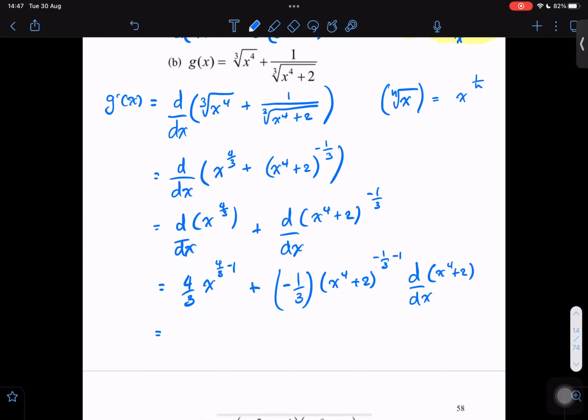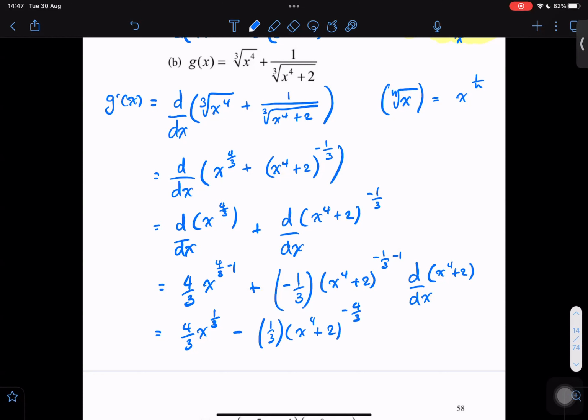This thing will become 4 over 3 x to the 1 over 3 minus 1 over 3 x to the 4th plus 2 minus 4 over 3.